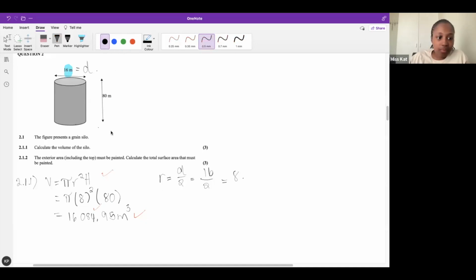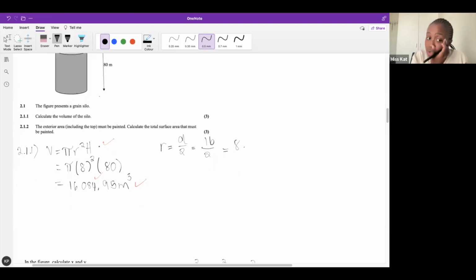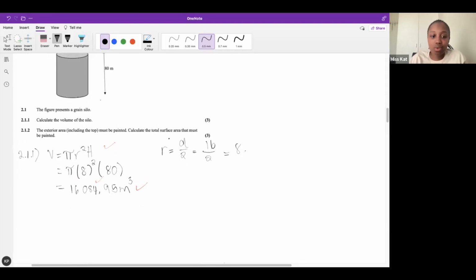The second one says the exterior, including the top, must be painted. Calculate the total surface area that must be painted. Does anyone know the formula for the surface area of a cylinder? Yes, Kwezi. It's 2 pi r times height plus 2 pi r squared.